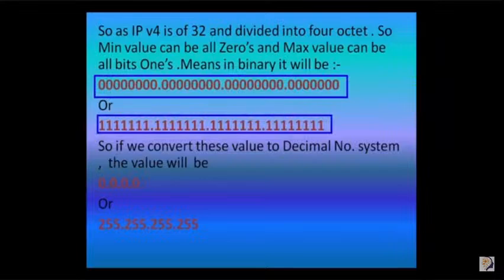You can see here in decimal, the minimum IP can be 0.0.0.0 to 255.255.255.255. So this can be the minimum to maximum IP value.